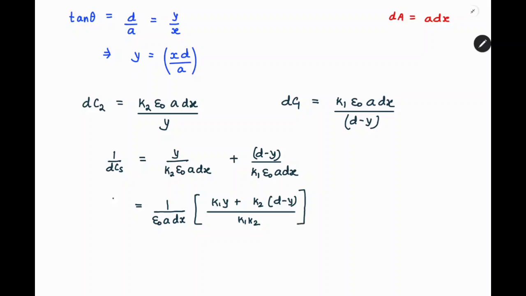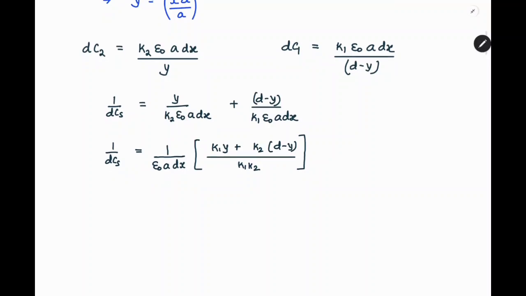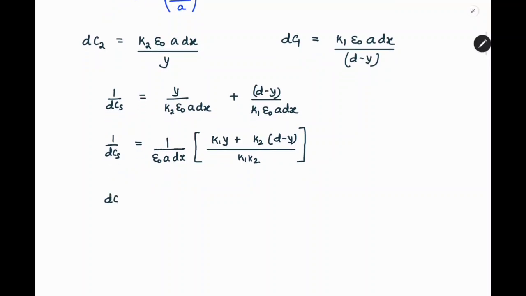Using this we can write that dC series is equal to K1 K2 epsilon naught a dx, divided by K1 y plus K2 d minus K2 y.